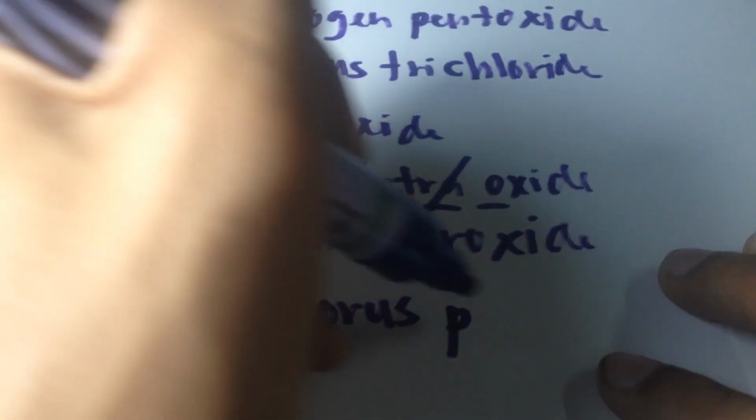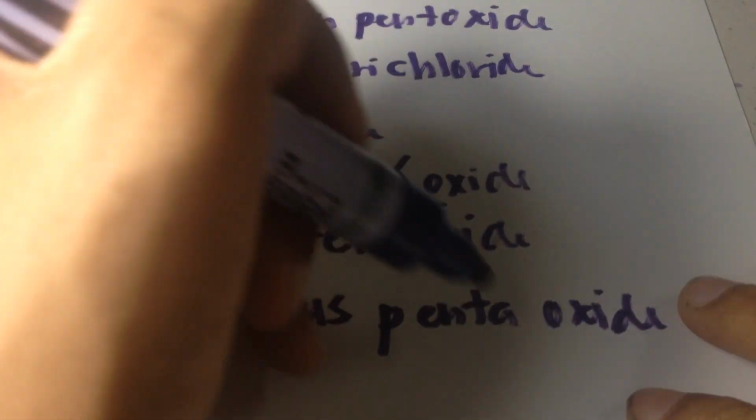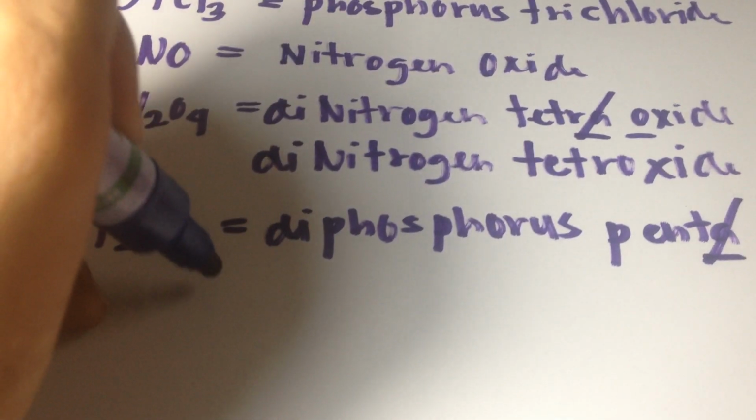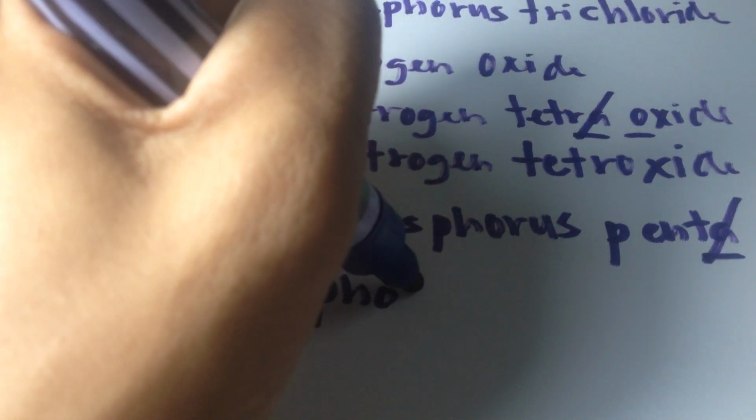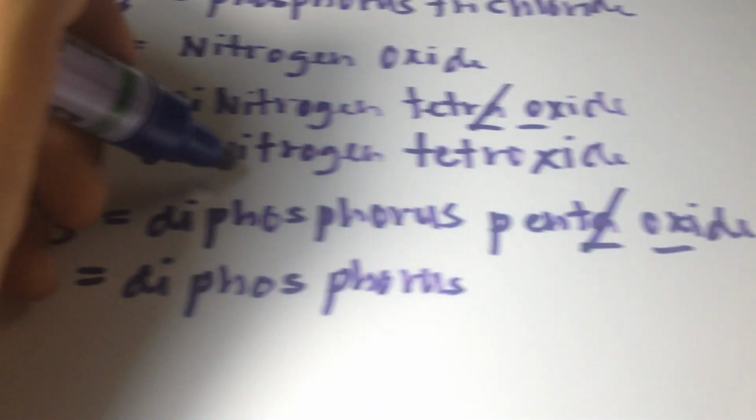Diphosphorus pent, so 5. Pentaoxide. So they have 2 vowel letters, A and O, cancel out A. So write again, diphosphorus pentoxide.